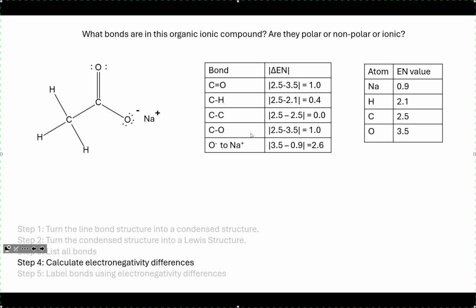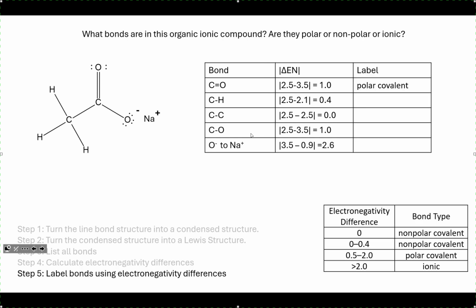The last step is just to label the bonds using those electronegativity values. And you need some source of information for what electronegativity difference is labeled as what bond type. And so we just match these values with somewhere in here to label the bond type.